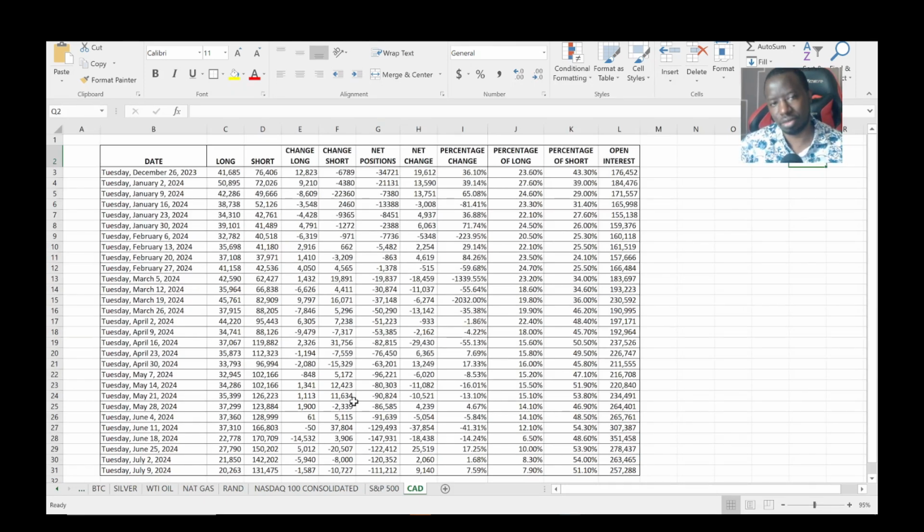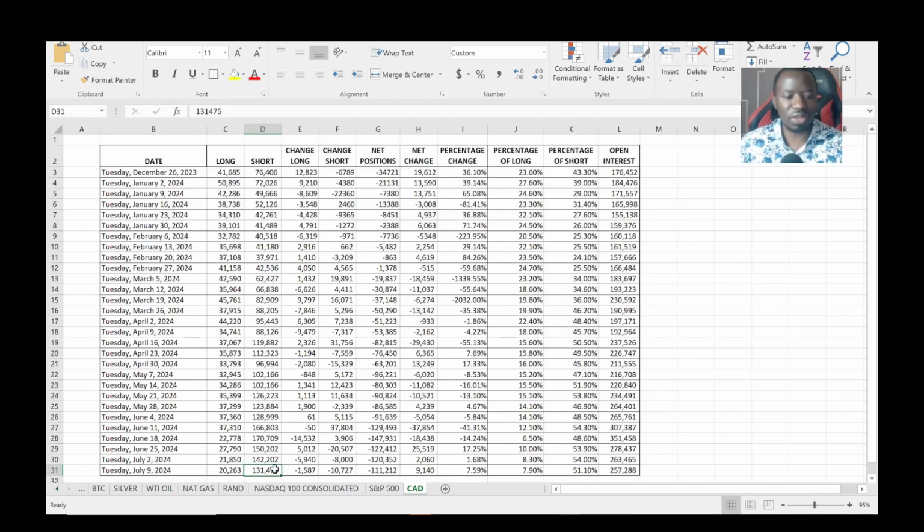So looking at the latest filing, we see that these institutions have in the market 20,000 longs and 130,000 shorts. Now that means they are shorting more of the Canadian dollar than they are buying it. And remember, every action that is taken on this currency, the reverse action is taken on the dollar, because these currencies on the spot market are traded against the dollar.